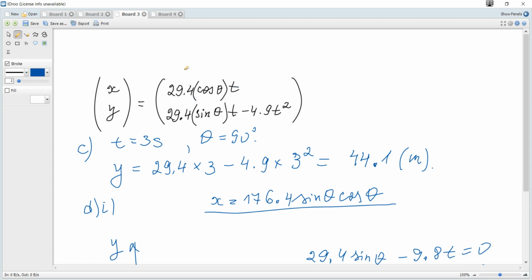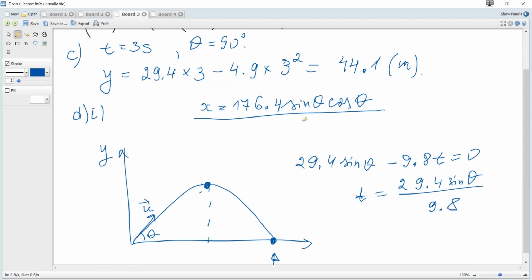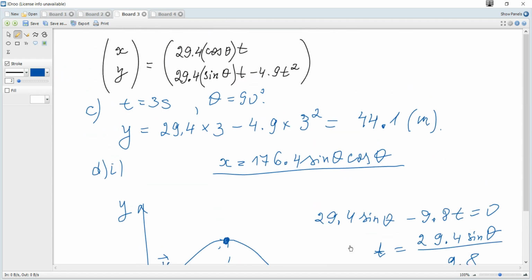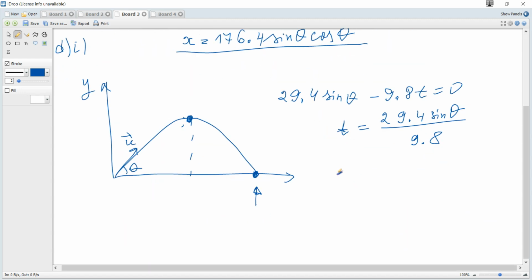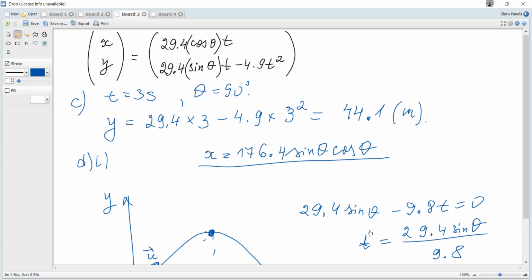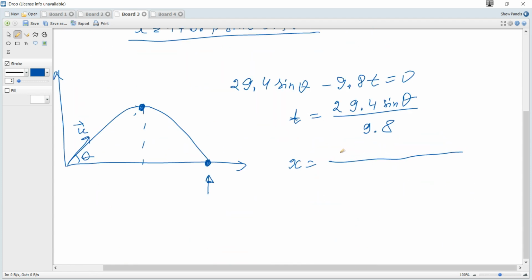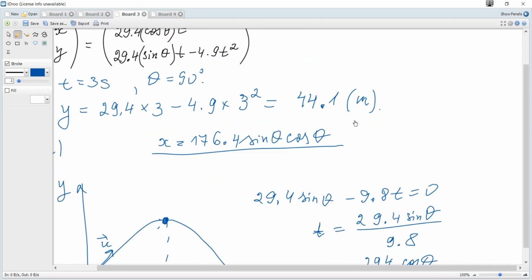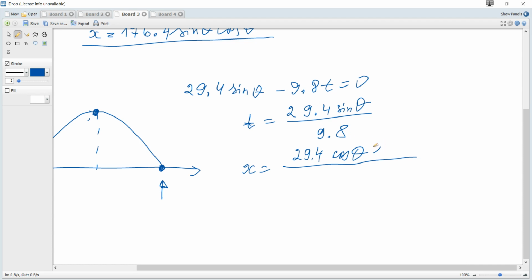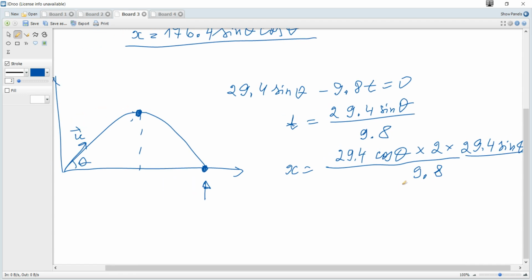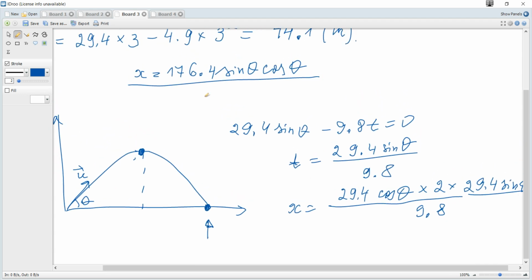So we substitute and get that x becomes 29.4 times cosine times t, but t is 2 times larger, so it's times 2 times 29.4 times sine, divided by 9.8, and it is equal to this directly.